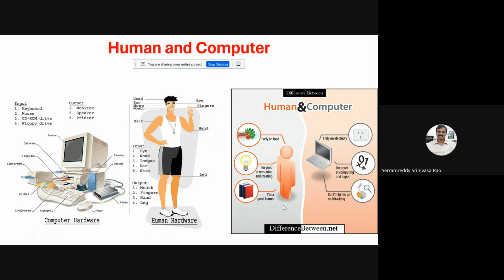All right, so in this session, before we talk about the types of programming languages, let's once again compare the difference between human and computer. Why are we comparing?